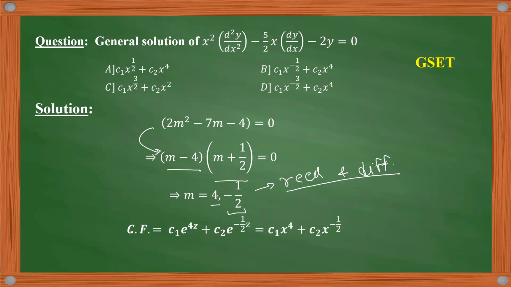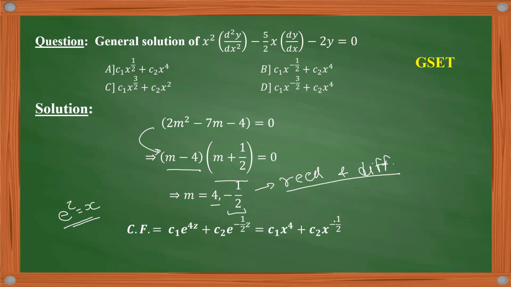So our complementary function is equal to c1 e to the power 4z plus c2 e to the power minus 1 half z. Now we need to resubstitute the value of e to the power z, that is equal to x. So our complementary function will be c1 x to the power 4 plus c2 x to the power minus 1 half.